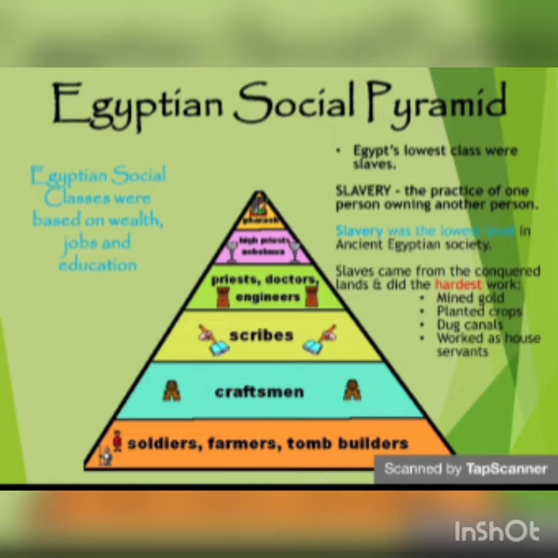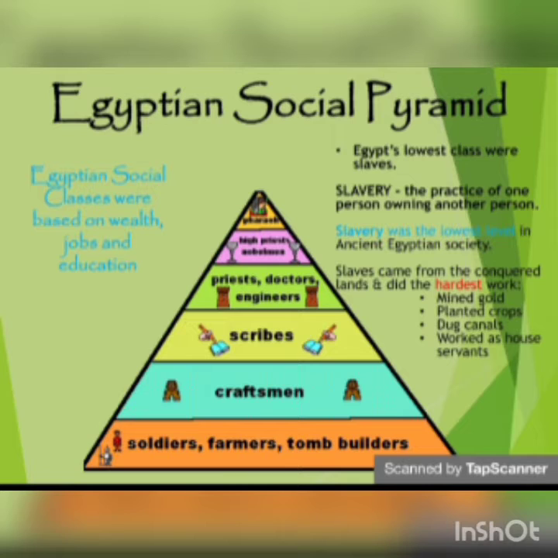And the third category is priests, doctors, then engineers who built the pyramids, tombs, everything. The Sphinx of Giza, everything was done by these engineers. And the fourth category is scribes. And the fifth one is craftsmen.